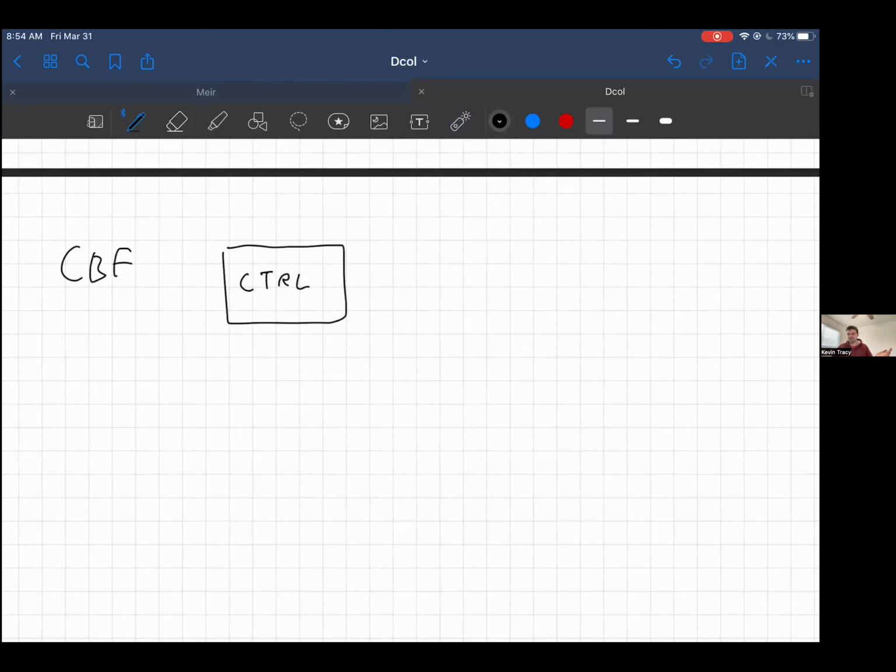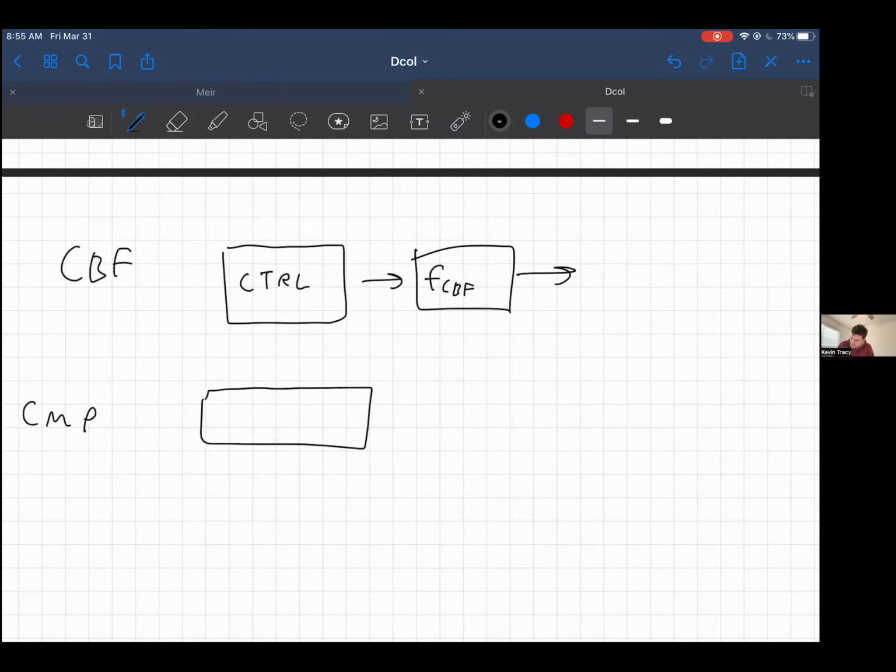So we'll think of something relatively easy. And then this gets pushed through the CBF thing, and then I get my control. And then we have constrained motion planning, and this is non-convex trajopt. So these are the two things I have to do.